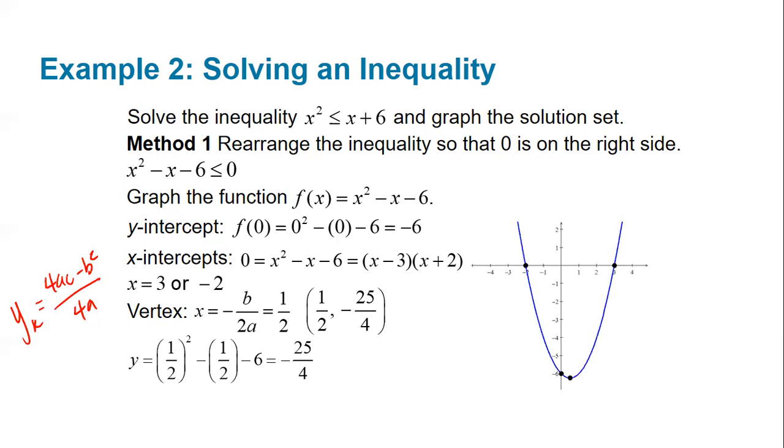Do I have everything I need to graph? Yes, I do. So I'm going to create my graph. So I put in all my intercepts, and I made sure I drew the graph through my intercepts and my vertex. So this time we're looking for what?